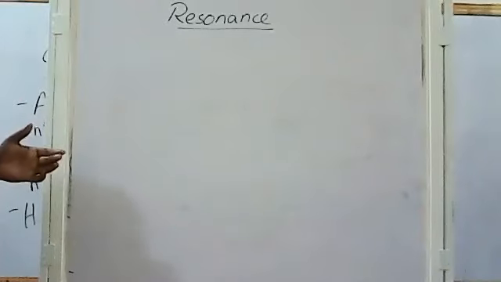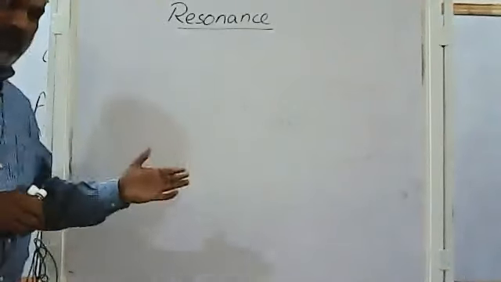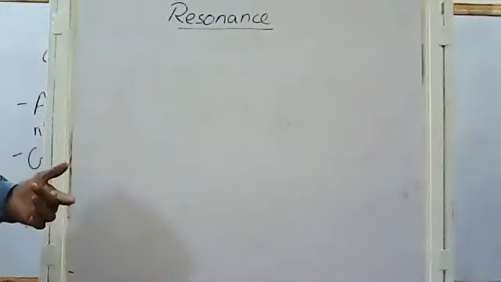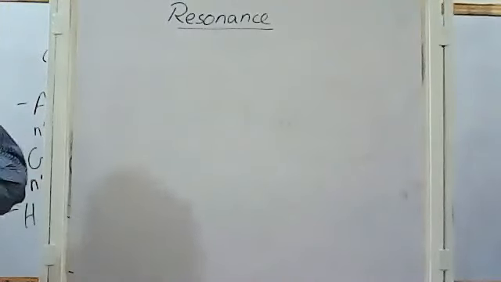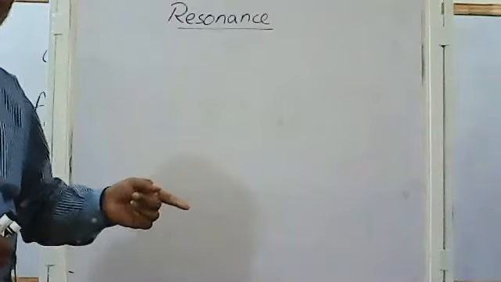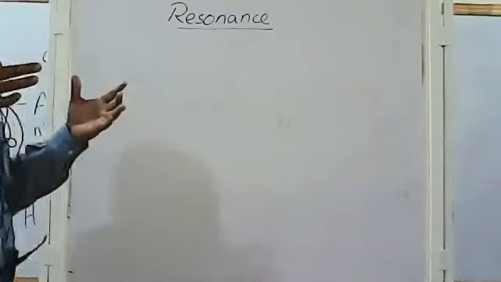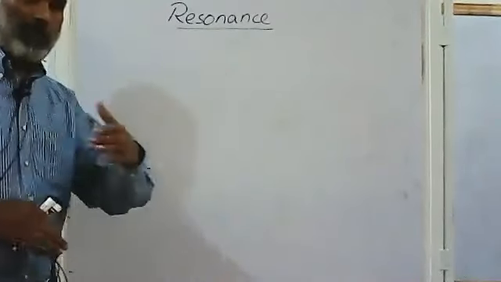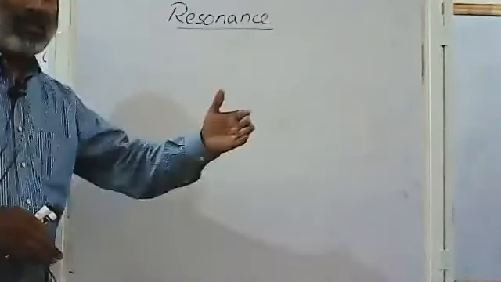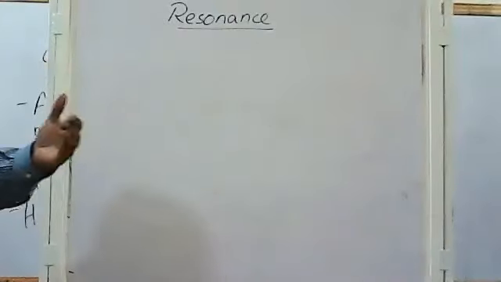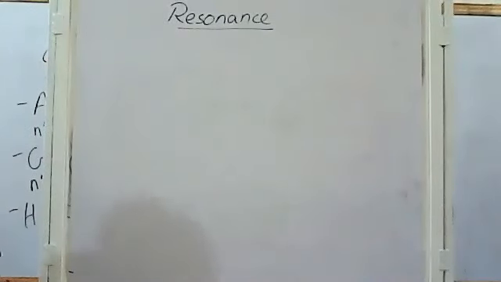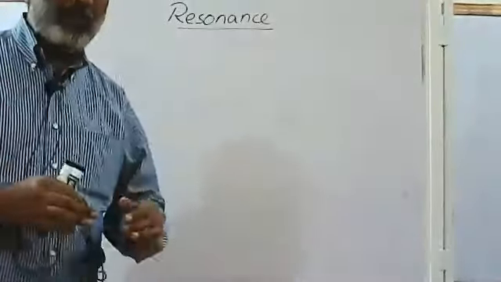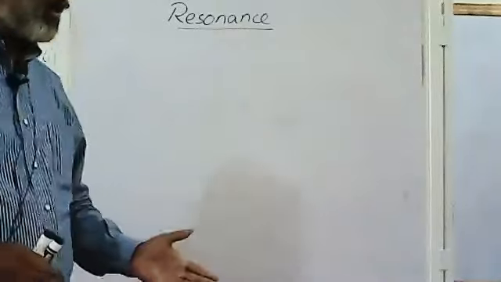One frequency is the frequency of the system that is undergoing simple harmonic oscillation, and the second frequency is that of the periodic force that we have started applying on that system. When these two frequencies match, the amplitude of oscillation increases suddenly, dramatically, and sometimes it increases so much that the system collapses, it breaks down.